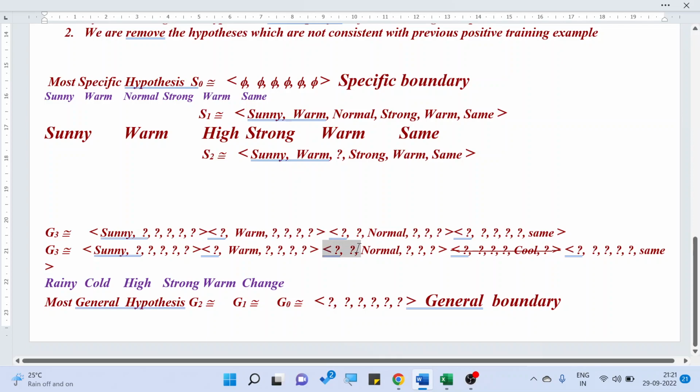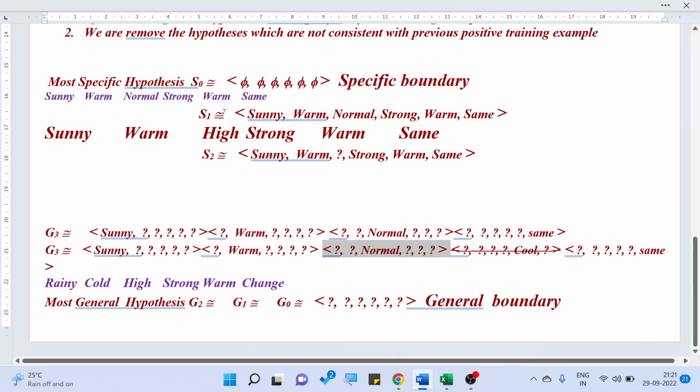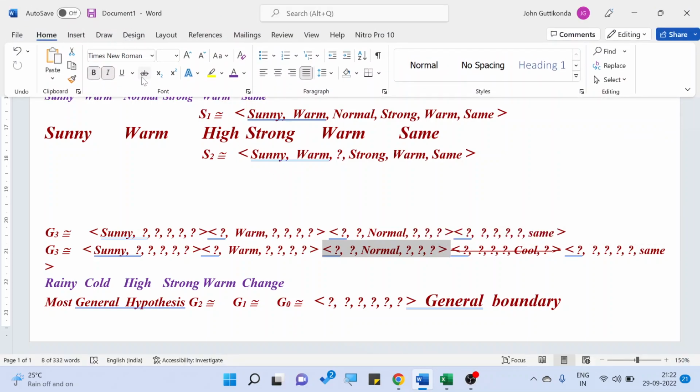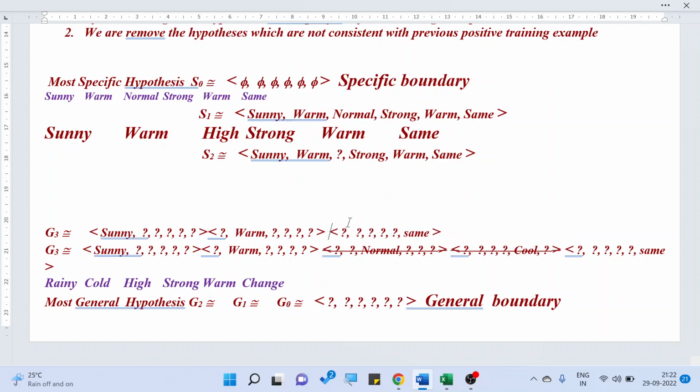This is generated from a negative, but it is contradicting the second example. So let me remove this one also. What about same? Same, same. So it is also removed from G3. So we got only 3.